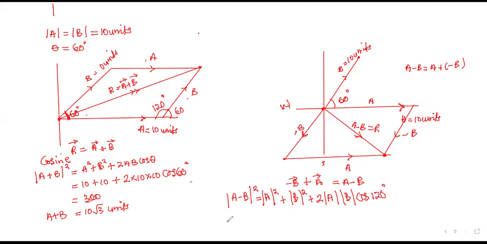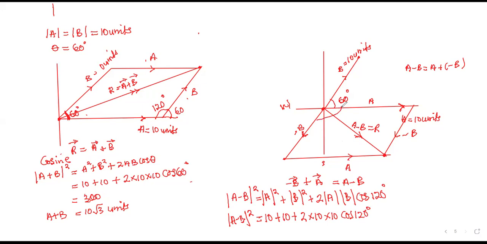When we talk about magnitude, we mean the numerical value. So the magnitude of A minus B squared is equal to 10 squared plus 10 squared plus 2 times 10 times 10 times cosine of 120 degrees. The magnitude of A is 10 and the magnitude of B is 10. We are referring to the numerical value, the number, Frank, so here we overlook the minus.